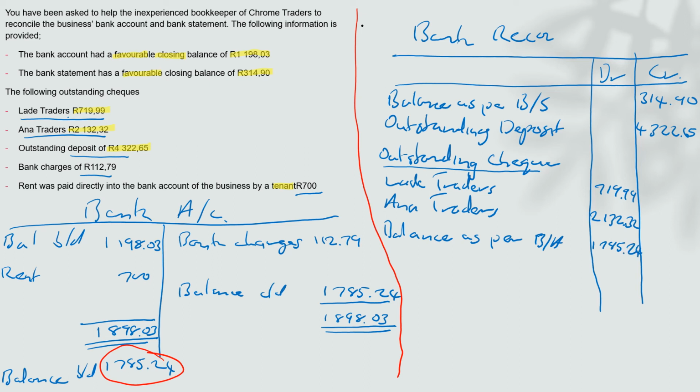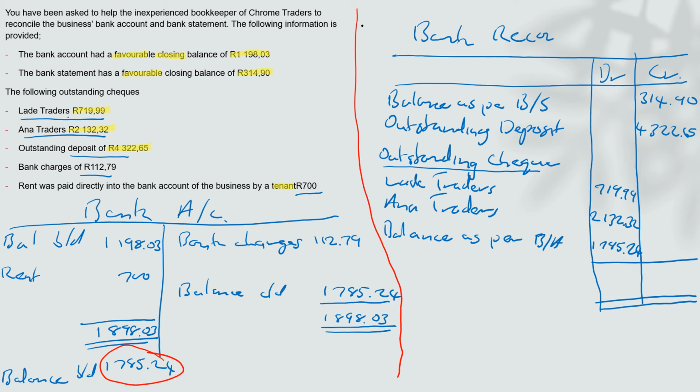which is 1,785.24. Right, then when you add the total of the debit side and the total of the credit side, they should give you the same amount. That's 719.99 plus 2132.32 plus 1785.24.